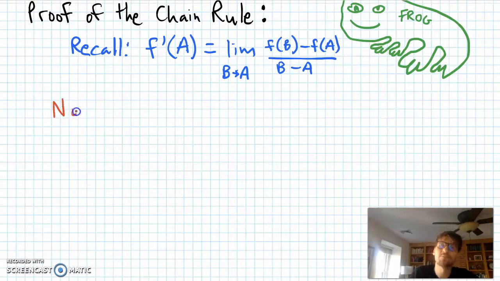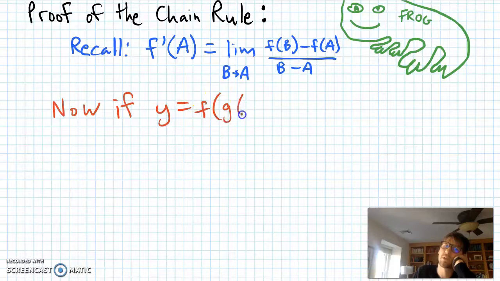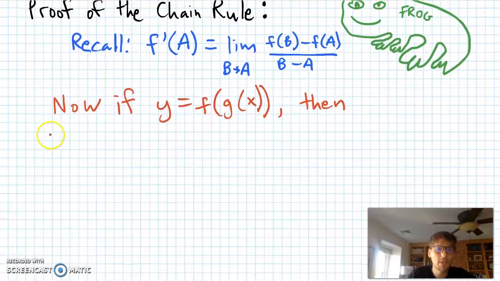So now, if the function we're dealing with were in the format where we need to use the chain rule, how would we input this into our derivative definition here?